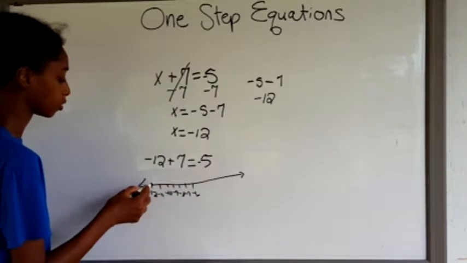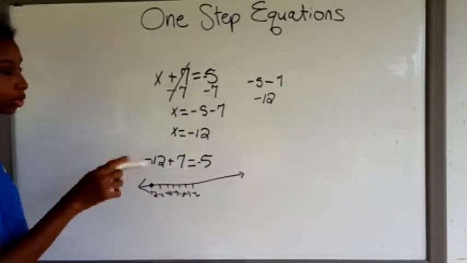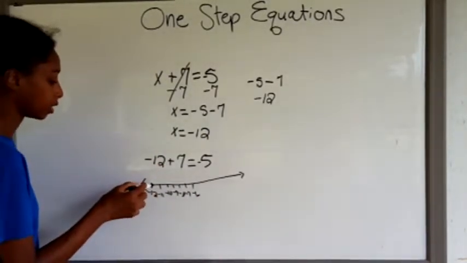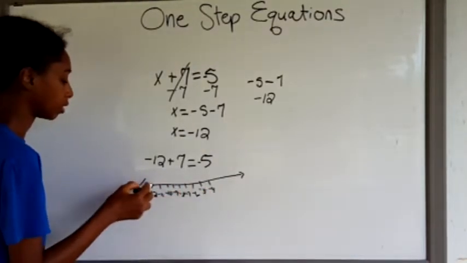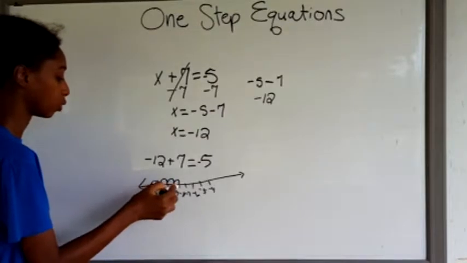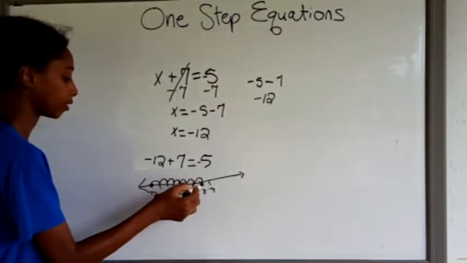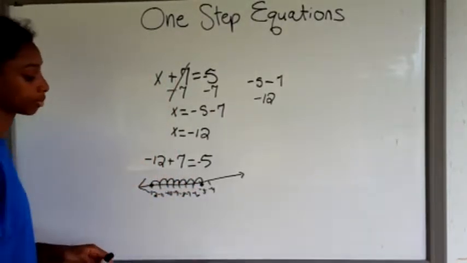If we start on negative 12 and we add 7, that means we're going to the right, then it'll be 1, 2, 3, 4, 5, 6, 7, and that's negative 5. So our answer was correct.